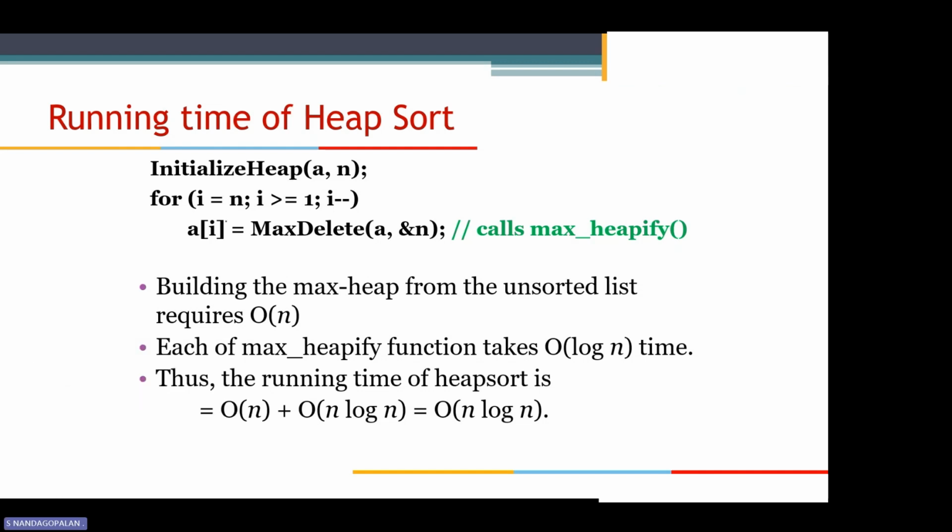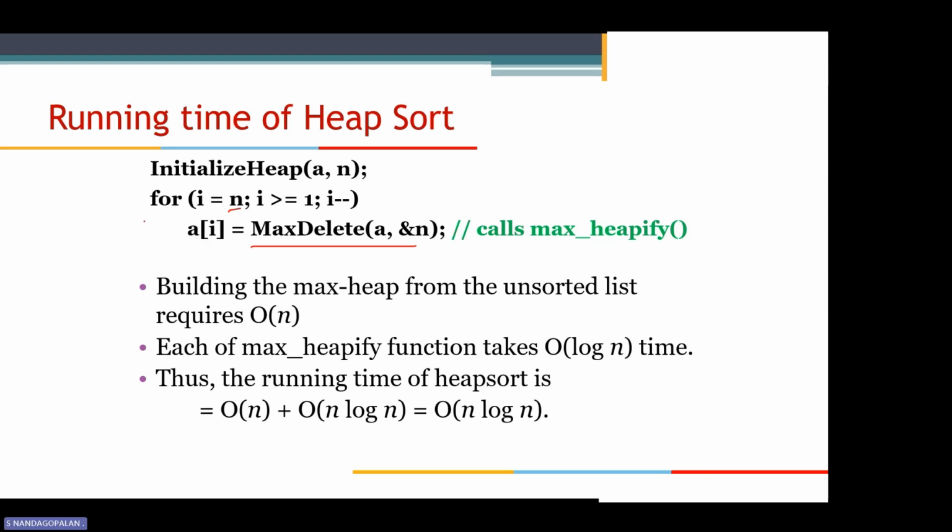Starting from n, I think we have explained it all with an example. Keep getting your maximum element, which is A of 1 actually. Max delete will not simply get A of 1, but it will reheapify, because once you delete, it swaps the root with the last element. So max delete does everything that I've already given.